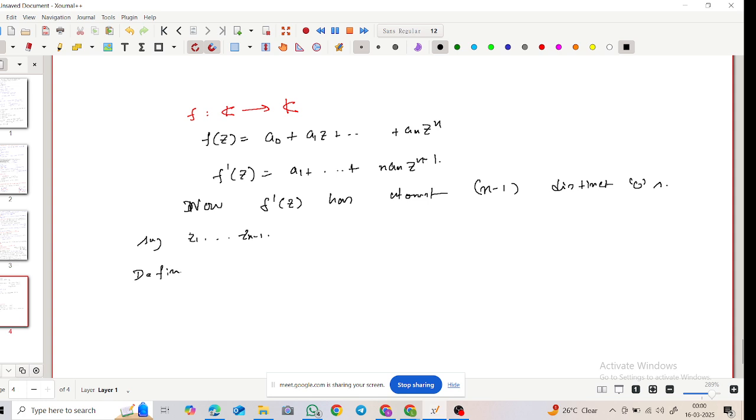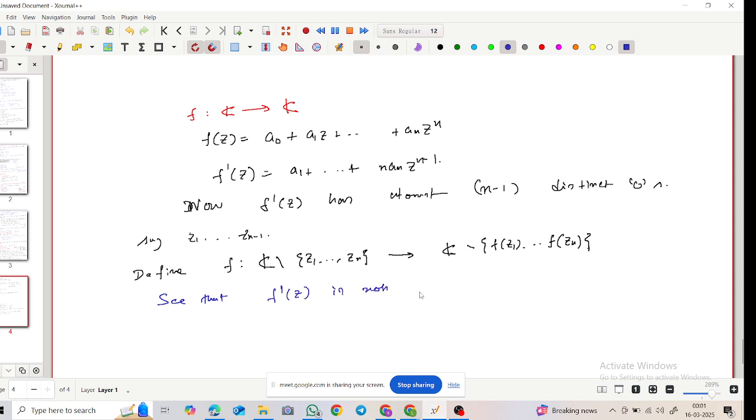So define f from this domain. See that f prime z is non-zero everywhere on C minus z1 to z_{n-1}, right?